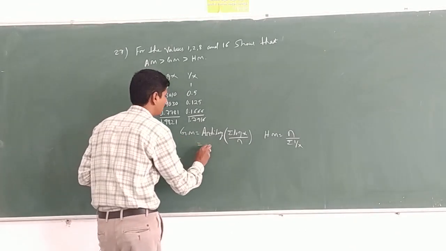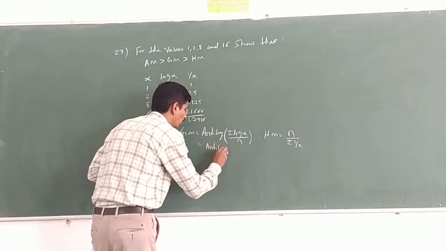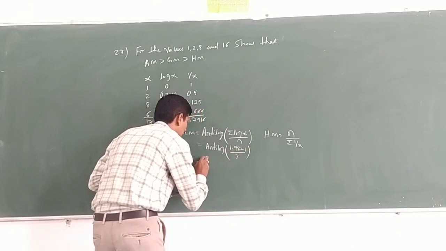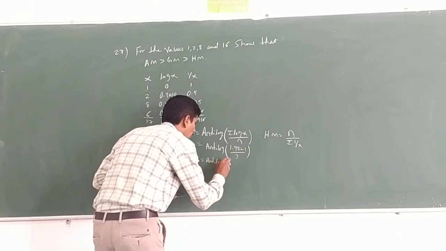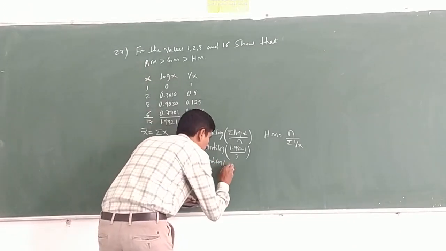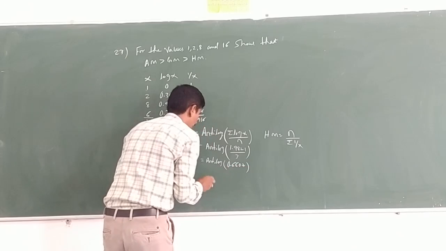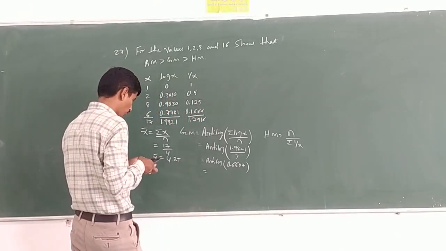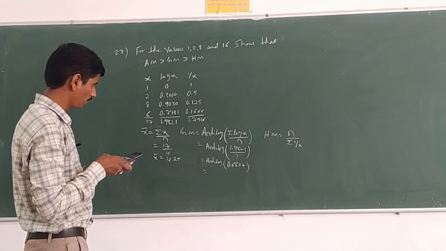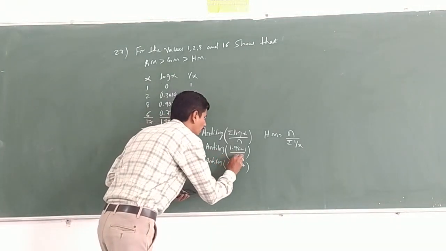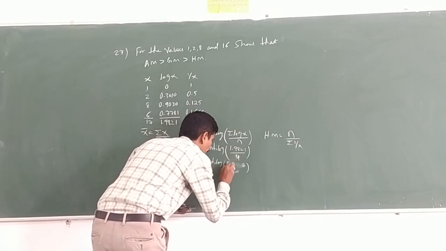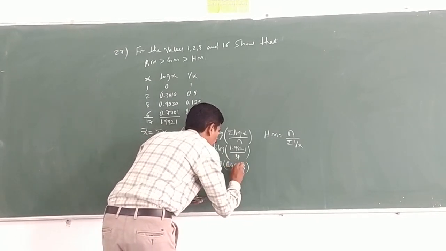Then next, antilog of sum of log x, which is 1.9821, divided by n. Here n is 4. 1.9821 divided by 4 is 0.4955.